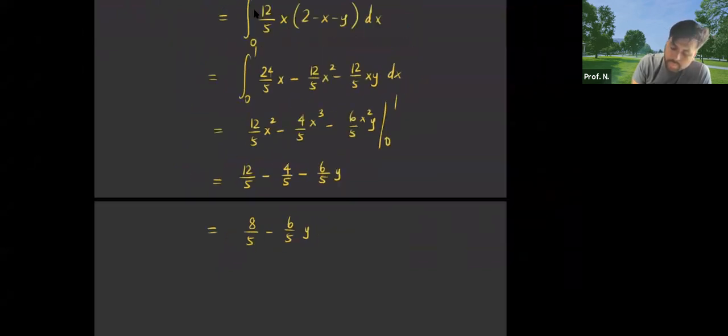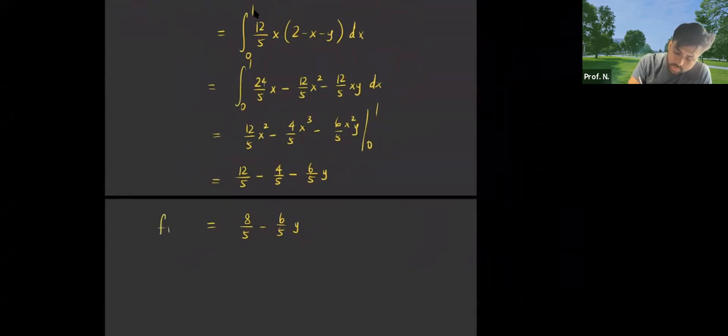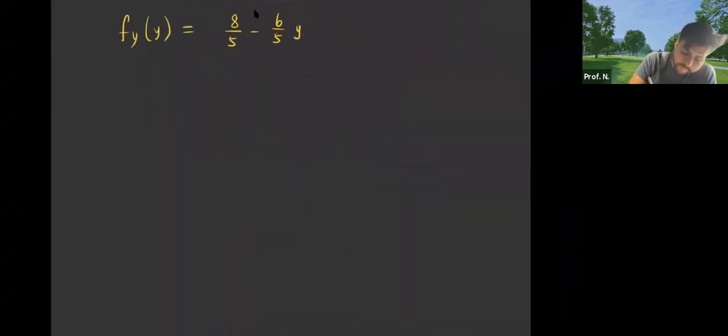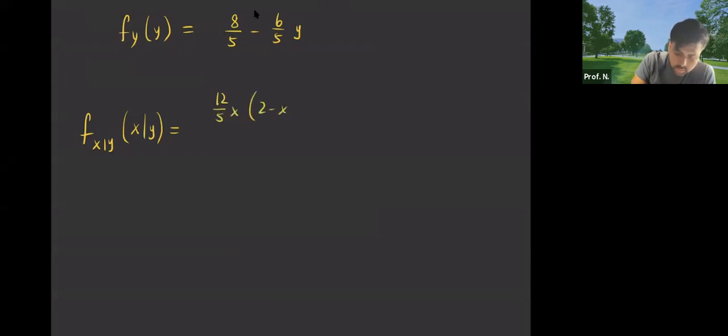Right? This is the marginal. And then what was the numerator? So f of x given y is equal to the joint, which is 12/5 x (2 minus x minus y), divided by 8/5 minus 6/5 y.